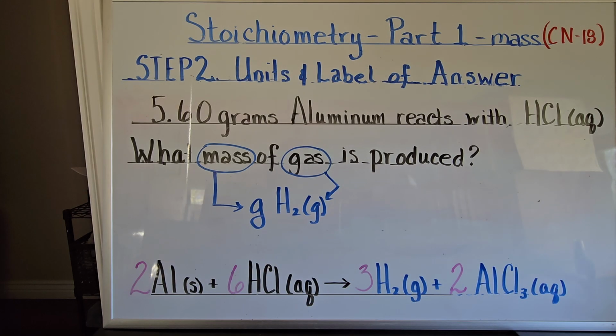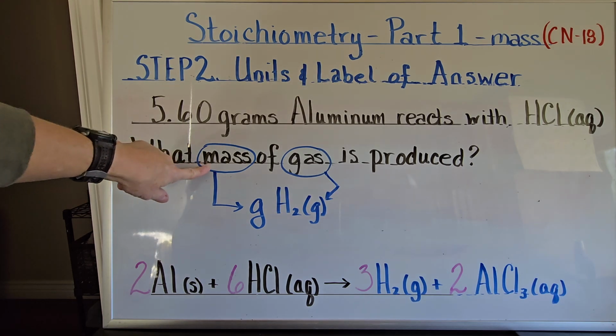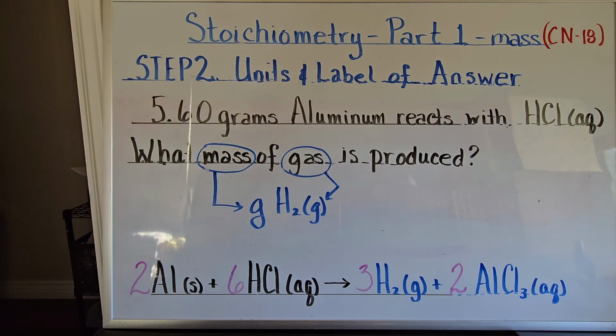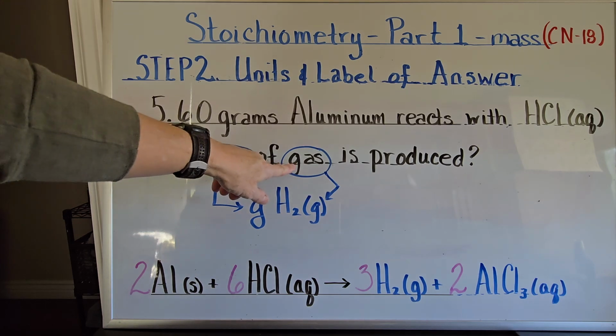Now that I have a balanced reaction, we can still see that on the bottom here, I need to ask myself, what is the unit and label of my answer? That is, what am I looking for? Well, you can see here in my problem statement, I've gone ahead and circled some key information that will help me answer that question. I'm looking for the mass of the gas produced.